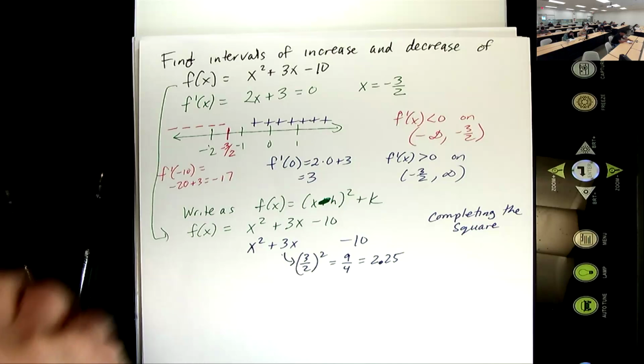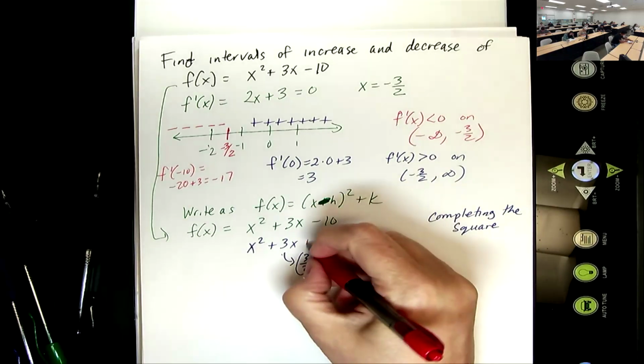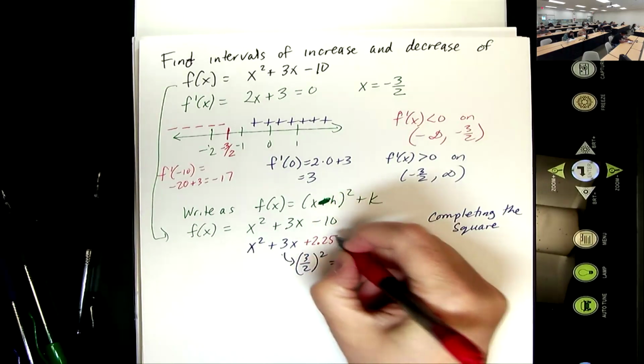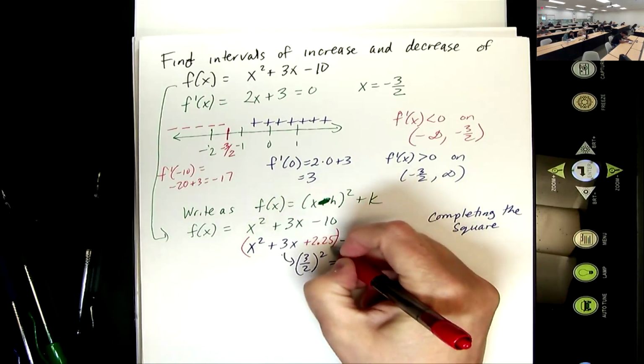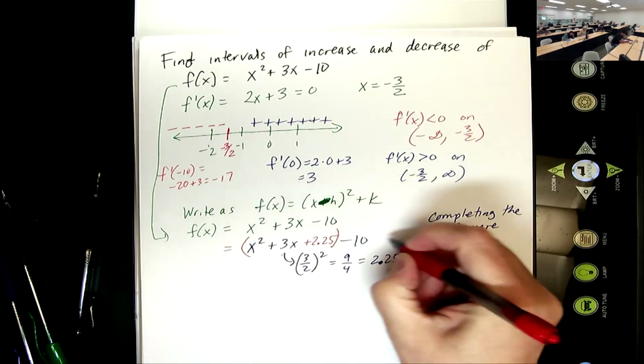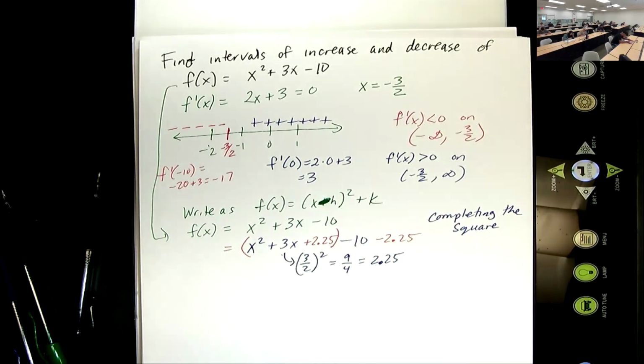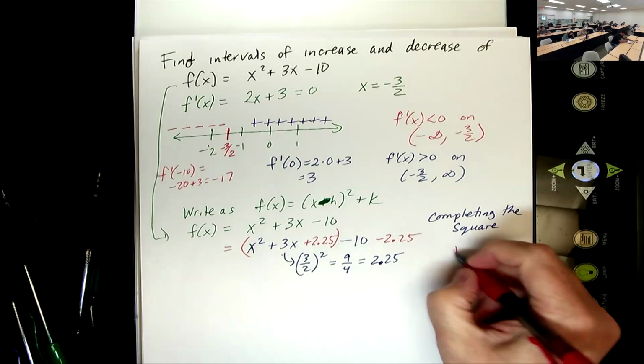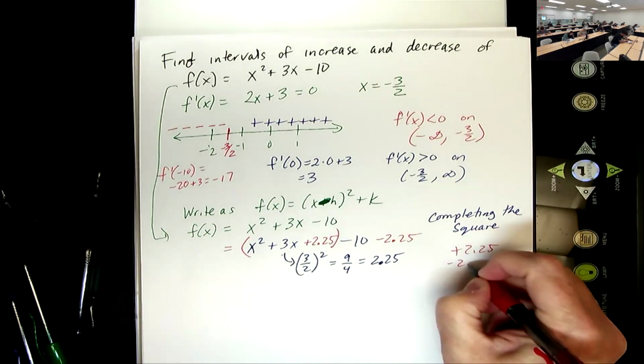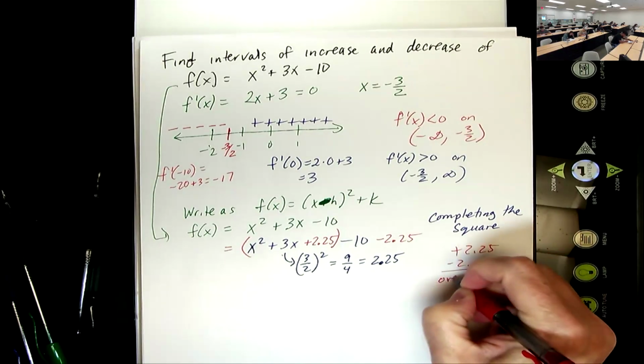So what I'm going to do is add in 2.25 to put with that. And to make sure I don't change the value, I'm gonna subtract 2.25, so that the net change to the equation is 0. So plus 2.25 minus 2.25, overall change 0.